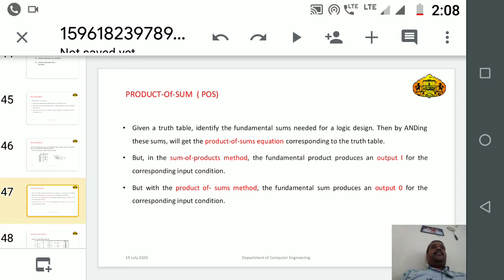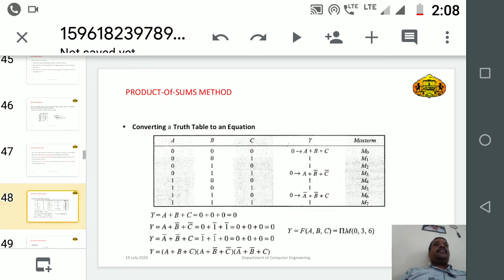Product of sums, this is exactly the reverse of the SOP form. You can read this and easily understand this concept. In the SOP form, small m is present, which is called a minterm. In the POS form, capital M is present, which is called a maxterm.